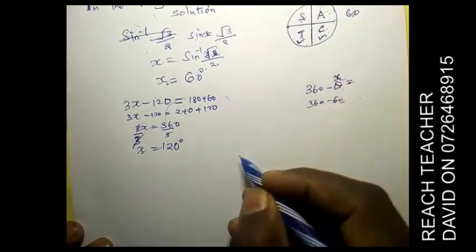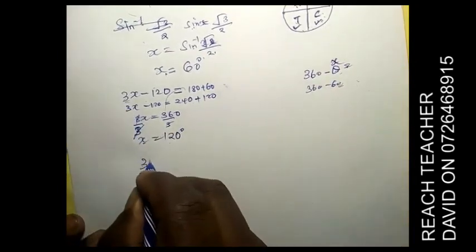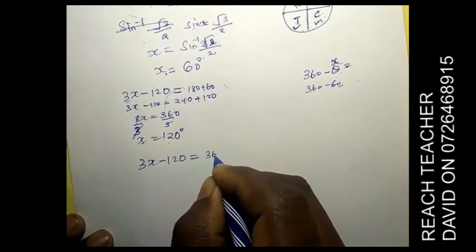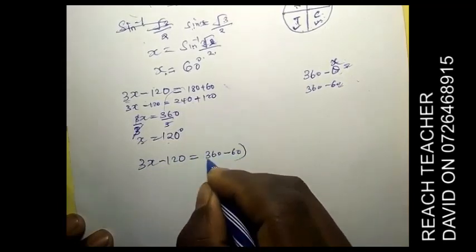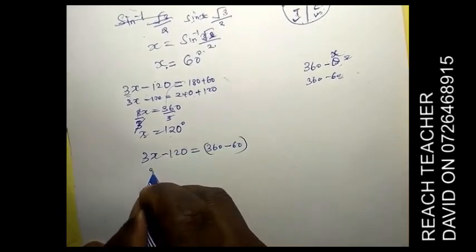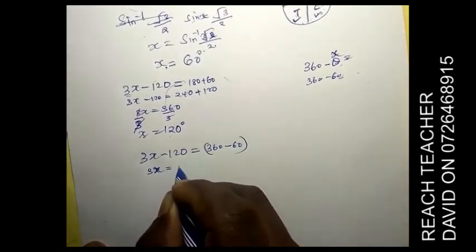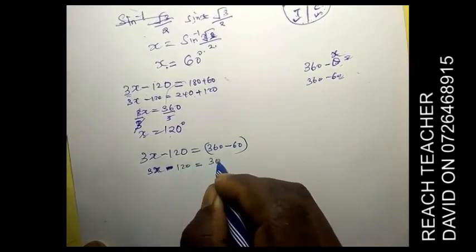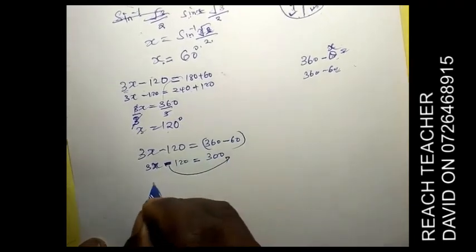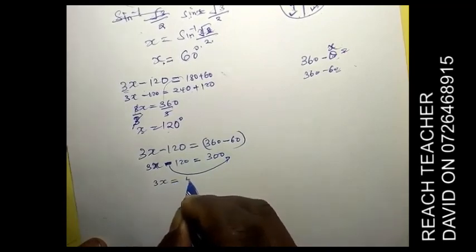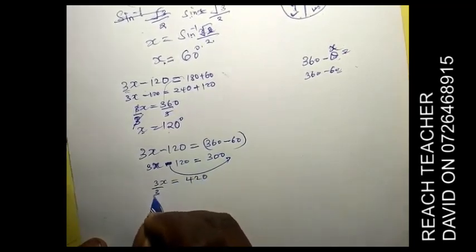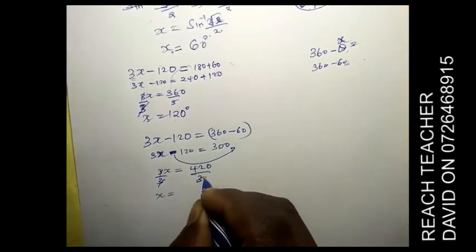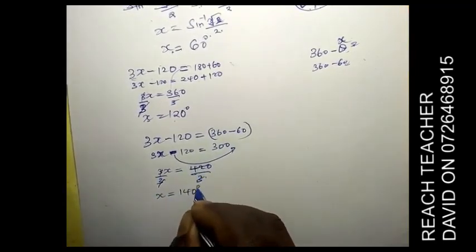So we come here, 3x minus 120 equals 360 minus 60, which is 300. So we add 120, 3x will be equal to 420. Divided by 3, x is 140 degrees.